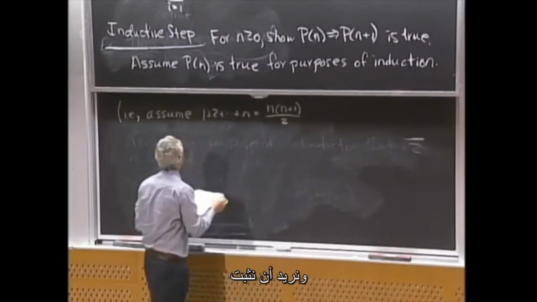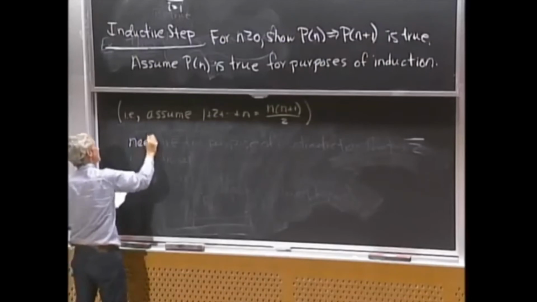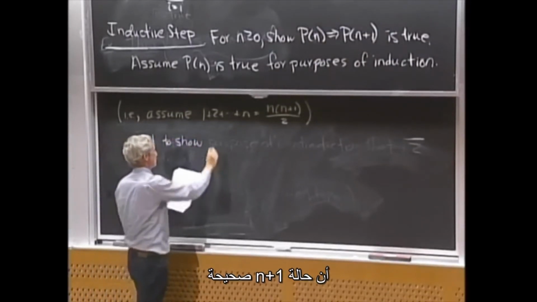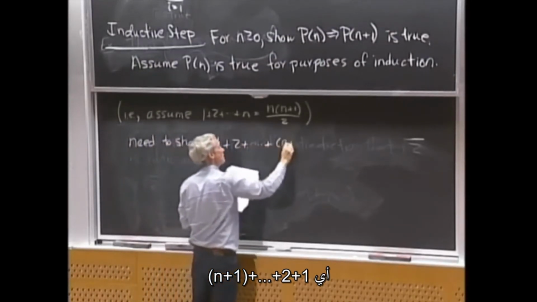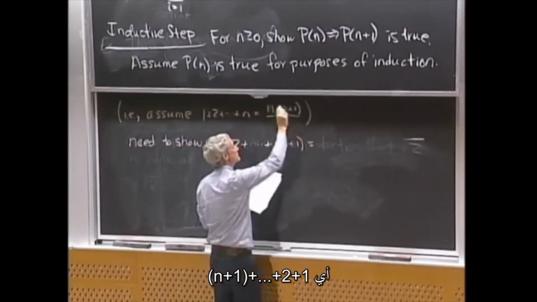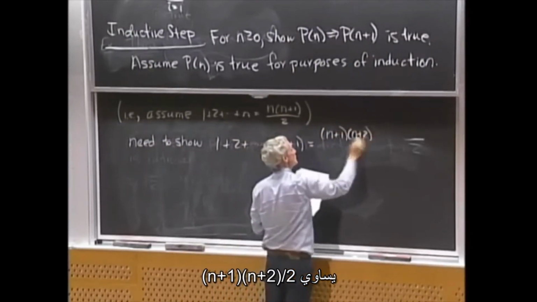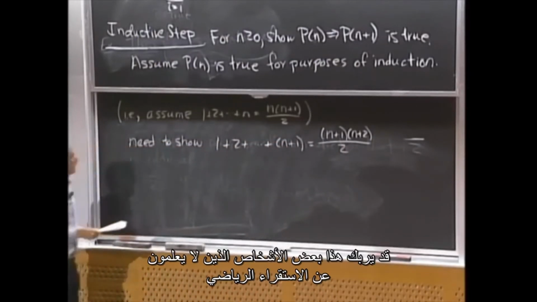And we need to show that the n plus 1 case is true, namely 1 plus 2 plus up to n plus 1 equals (n plus 1) times (n plus 2) over 2. All right?